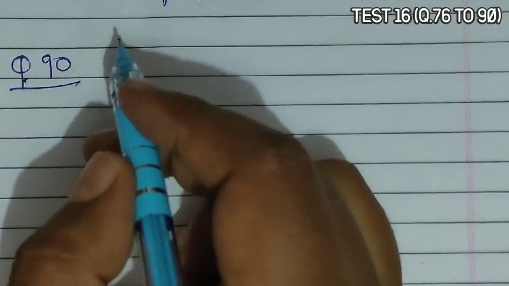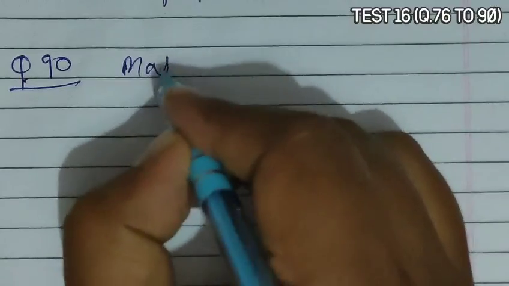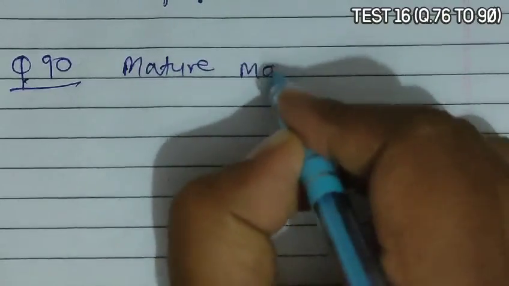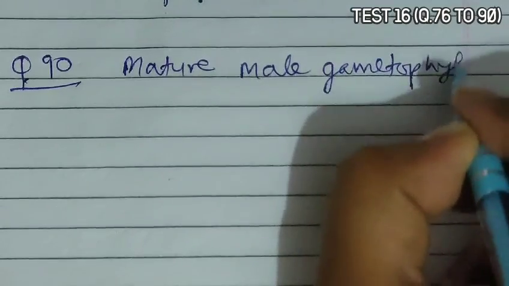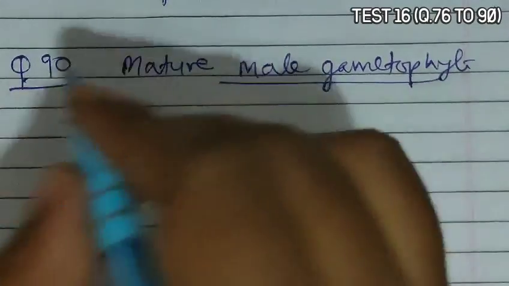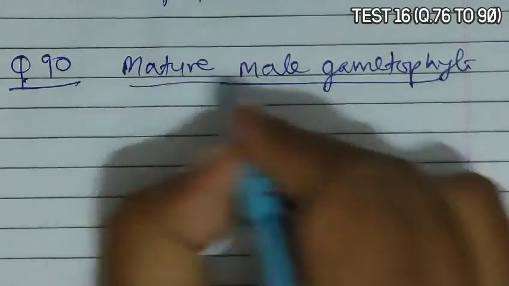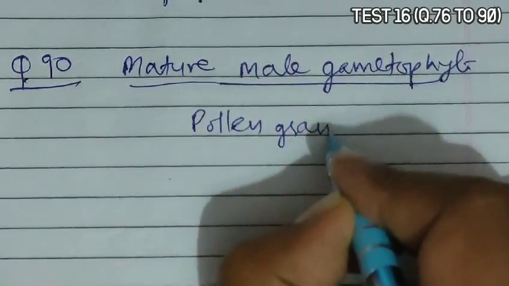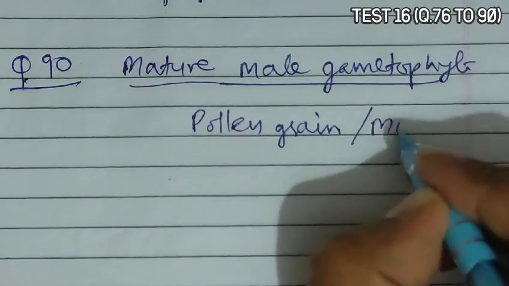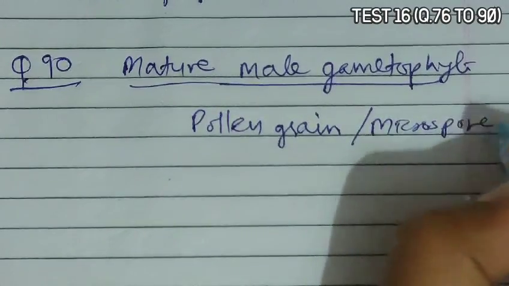Last we are dealing with question 90. Question 90 asks that the mature male gametophyte is made up of what. Mature male gametophyte means it is asking about pollen grain or microspore.